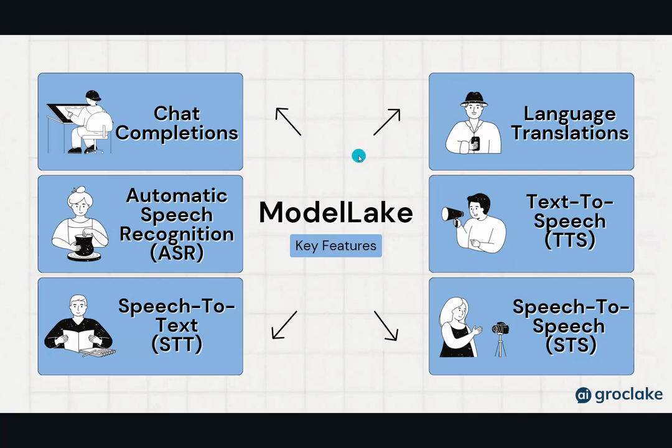Modellake provides various features: chat completions, automatic speech recognition (ASR), speech to text, and language translation. You can convert your language from Hindi to Malayalam to English. There are many tools, but how AI does it, we will see. Then text to speech and speech to speech. So let's not waste time on a presentation, it's so boring. Let's go to the live demo.